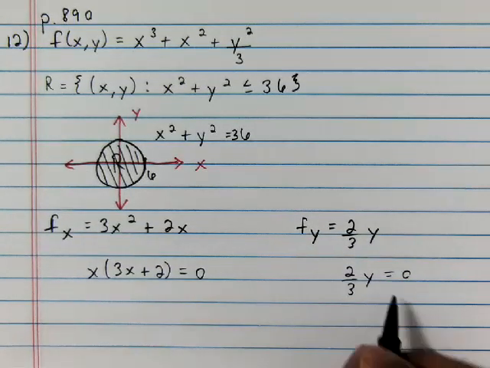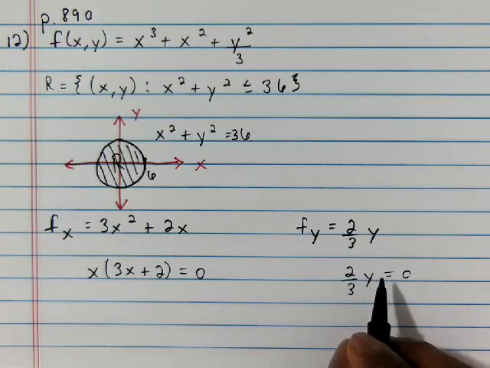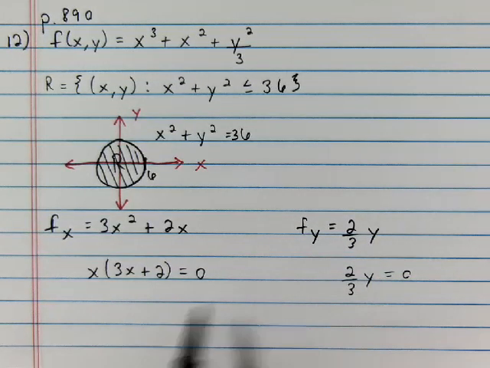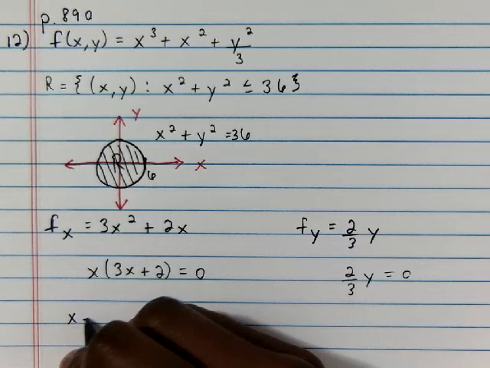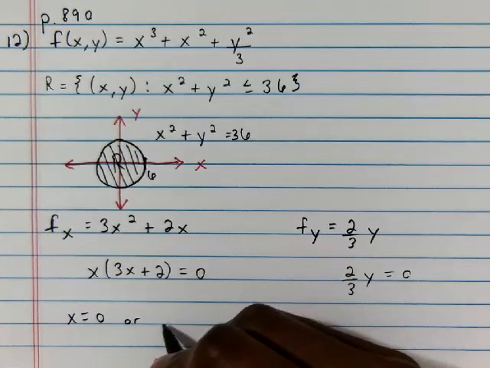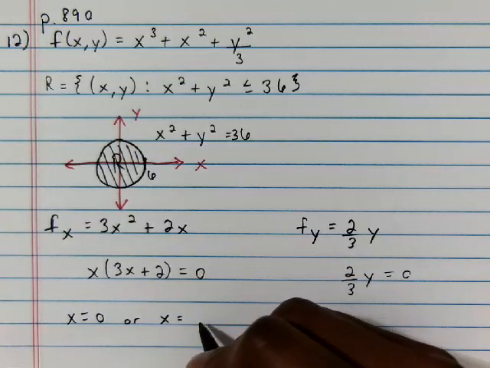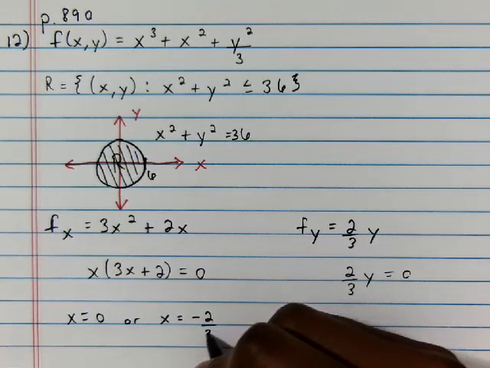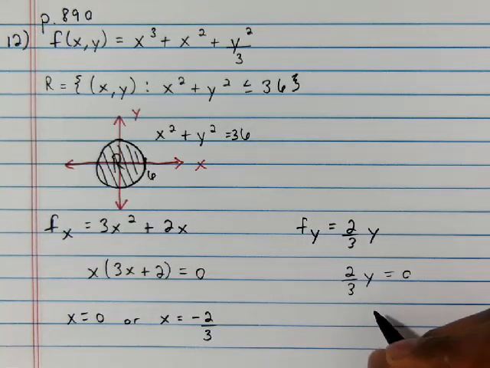Now remember, they both need to be 0 simultaneously, but there are no y's in the first and no x's in the second, so we can just solve. This says x equals 0, or x equals negative 2/3. In this one, we just get that y equals 0.